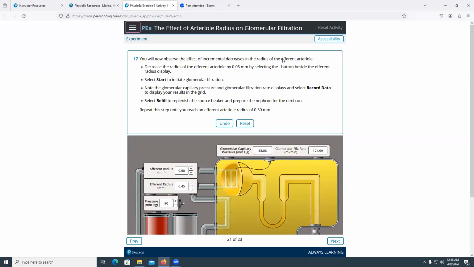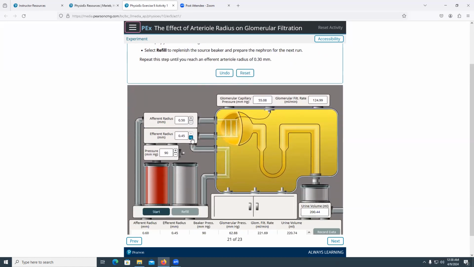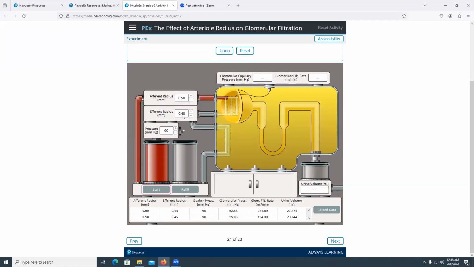And now we're going to be decreasing the efferent arteriole by 0.05 up to 0.3. Okay, now start. So I dropped the efferent arteriole from 0.45 to 0.40. Record data.